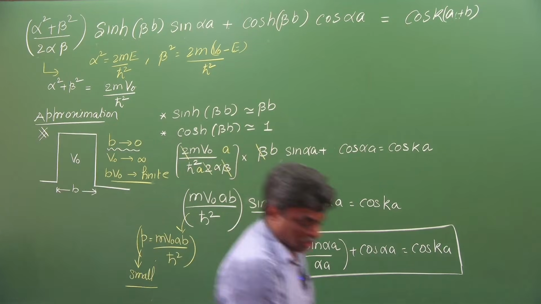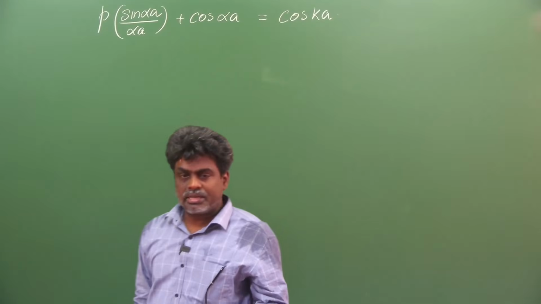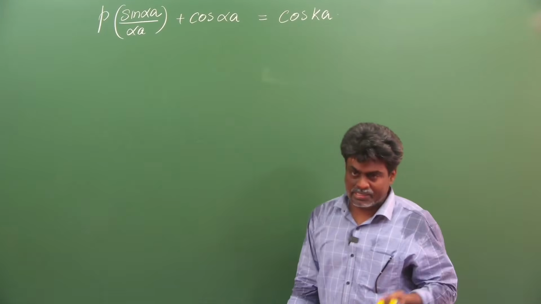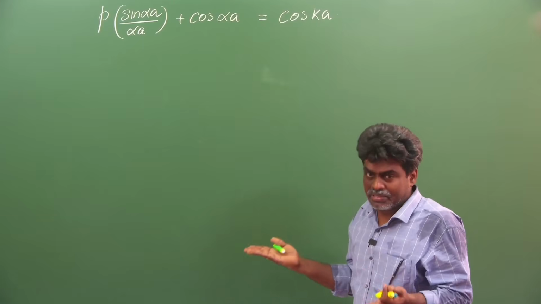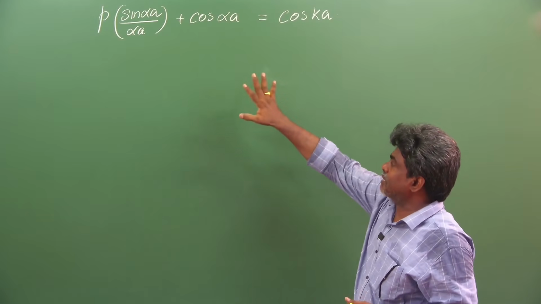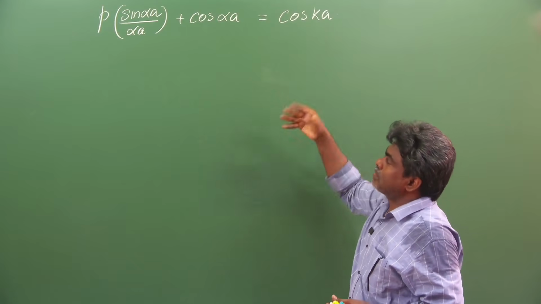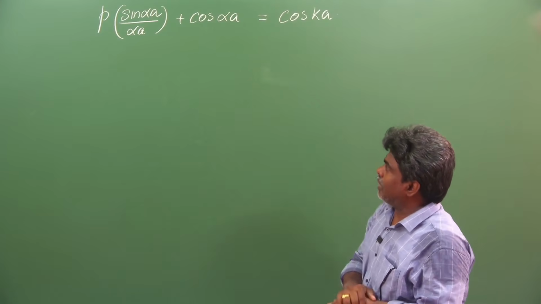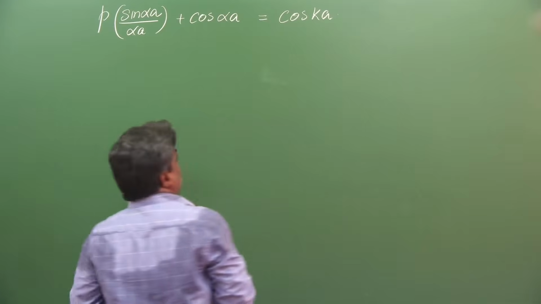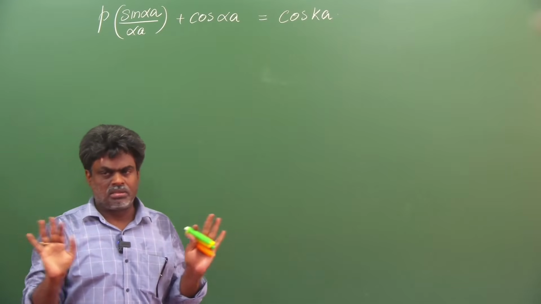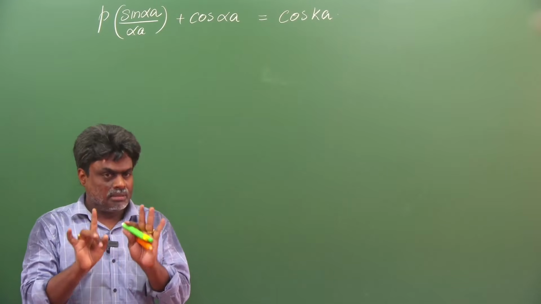Listen carefully. Try to understand as much as possible. If you don't understand, read the book. Maybe then you will understand. First, let me explain. So this is the final expression. Everyone, please listen: P sin alpha A by alpha A plus cos alpha A equal to cos kA. Simple maths, not at all difficult.